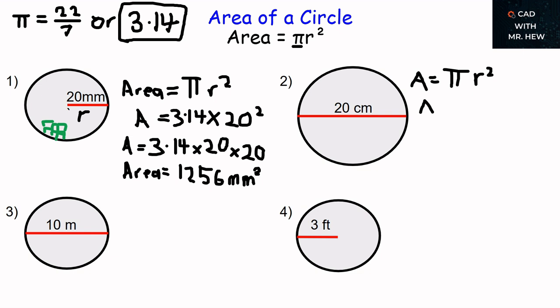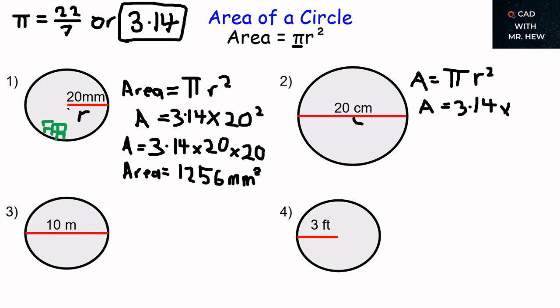Right? So we're going to come here now. A is equal to 3.14 times. Now, if the diameter is 20, then the radius is 10.